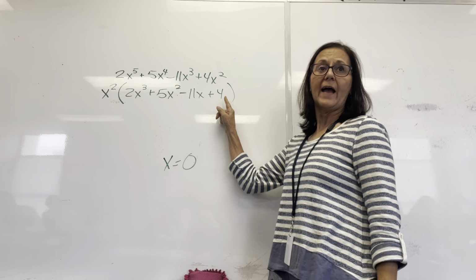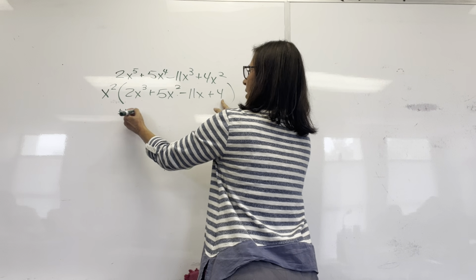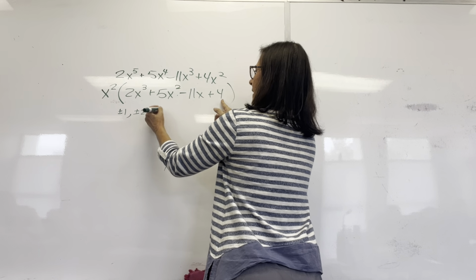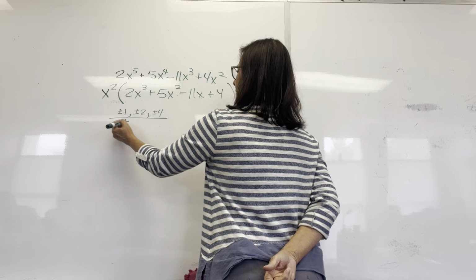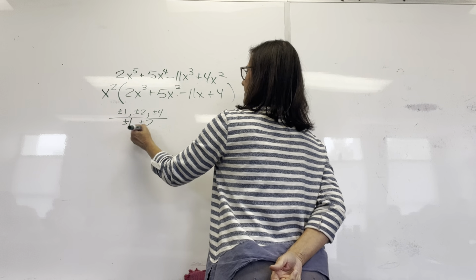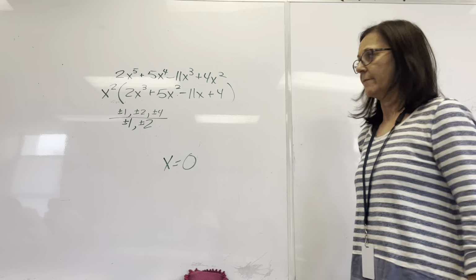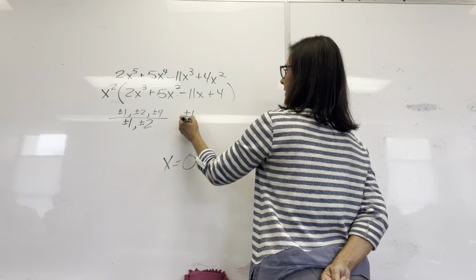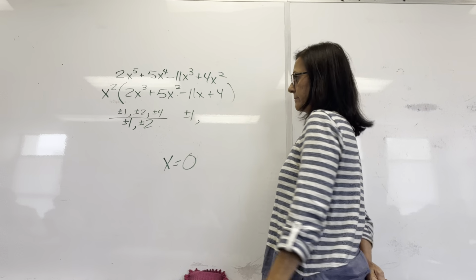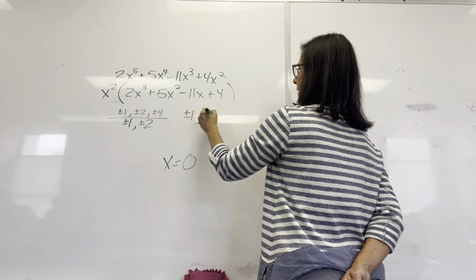Now we're looking for factors of 4, which are plus minus 1, plus minus 2, plus minus 4, over factors of 2. Plus minus 1, plus minus 2. So 1 over 1 is plus minus 1. 1 over 2 is plus minus 1/2.